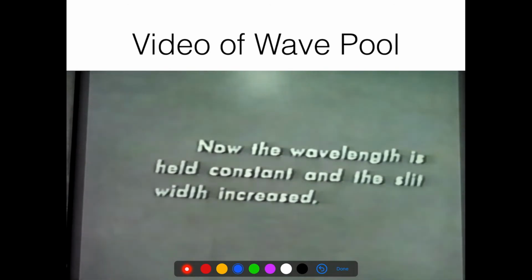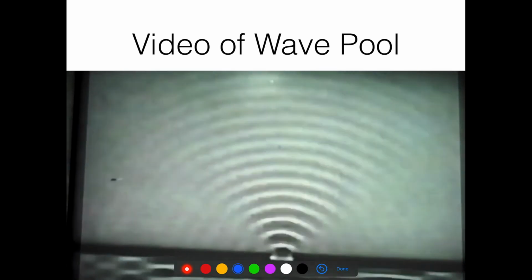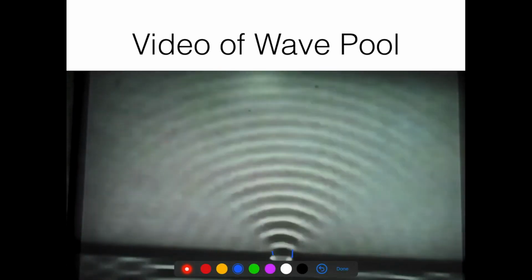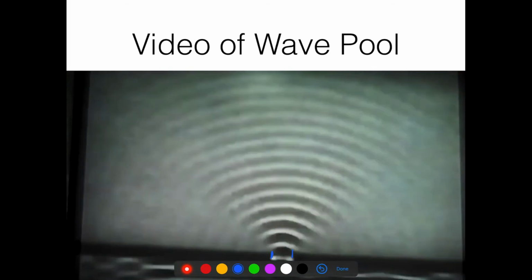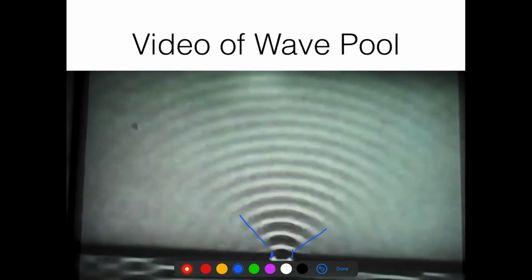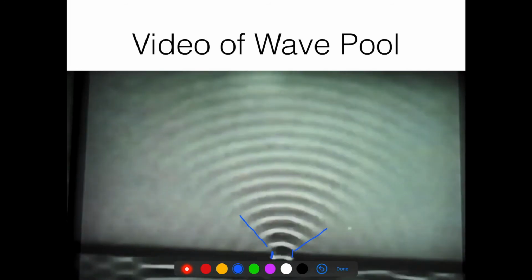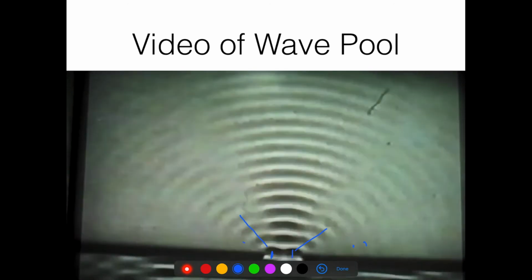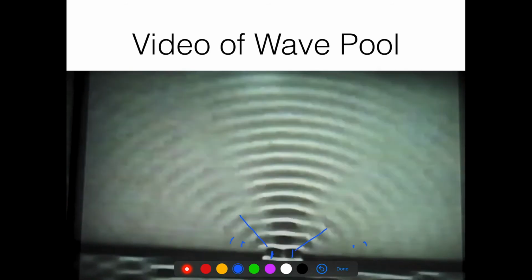Wavelength is going to be the same this time, and we're going to change how wide our slit is. Okay, so right now notice that it's pretty narrow. Okay, pretty narrow. We've got a certain amount of spreading out, right? And yeah, it is spreading out over here as well, but some of that is just due to the water.